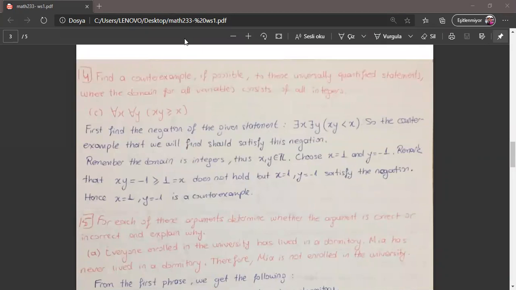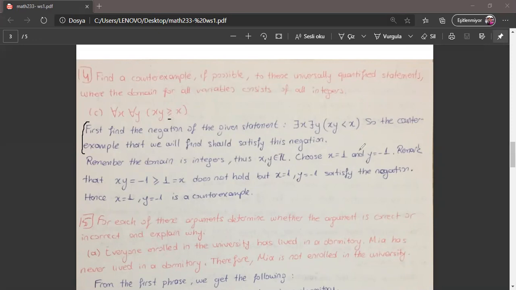So we will here find a counterexample. It means we will find some values which will not satisfy the statement, okay? You don't have to write this actually, but I wanted to be clear. If we can find some x and y which do not satisfy this inequality, then we would be done. So what's the negation of this statement? It's obviously there exists some x, there exists some y, xy is less than x, right?